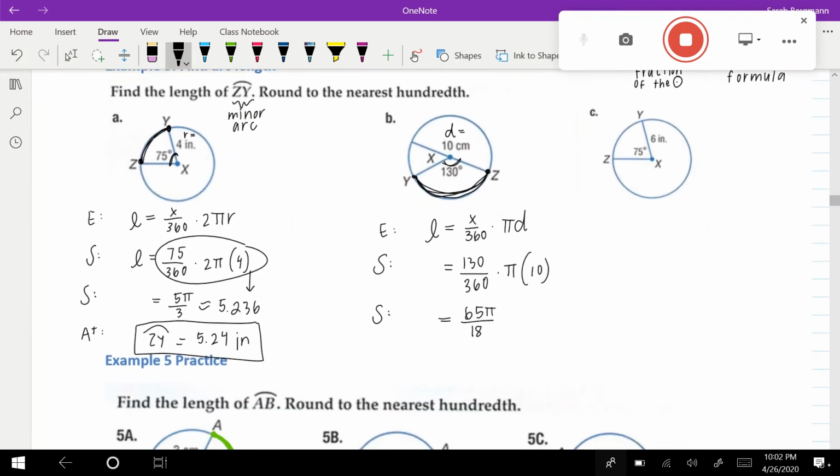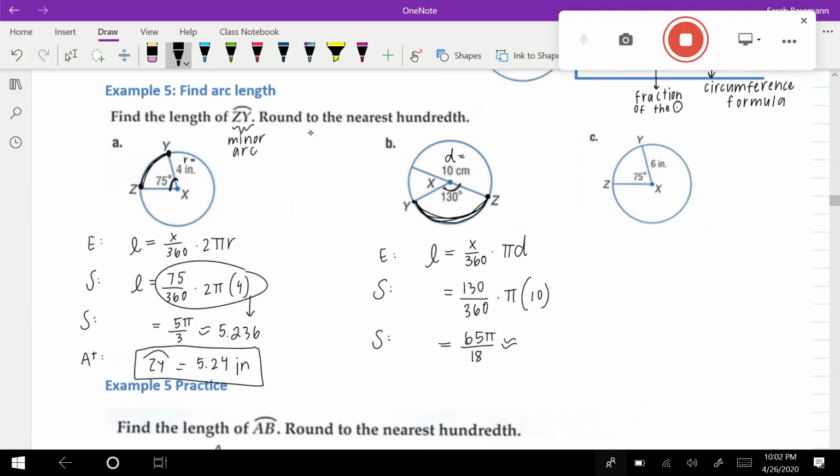However, if you plugged this into your calculator, you would get the approximate answer 11.3446. So your answer should be that arc ZY is equal to 11.34 centimeters.